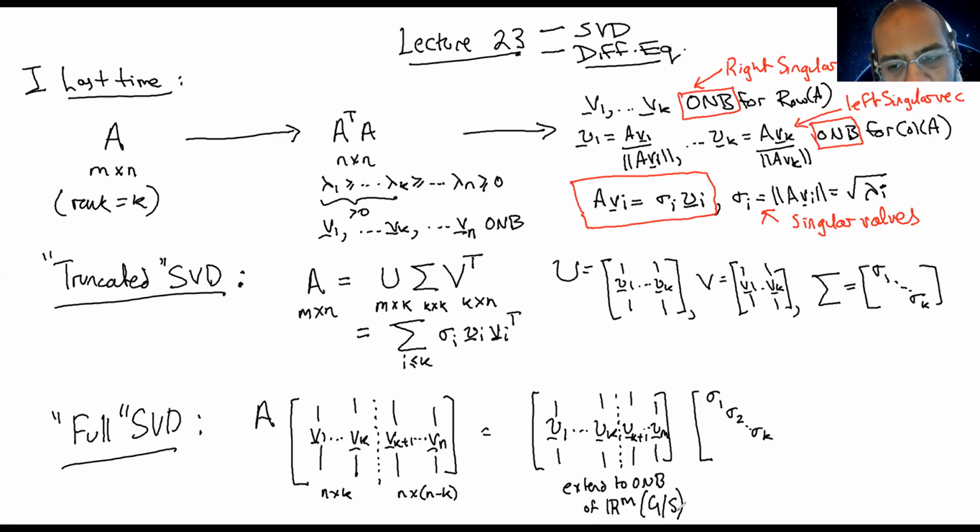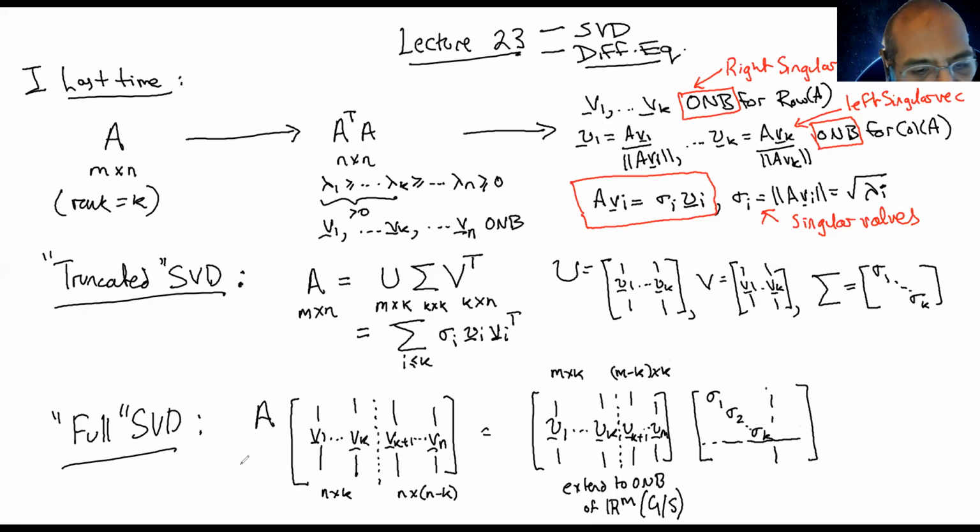But now what happens to the equation? I'm going to have to extend these matrices as well for this to make sense, right? So this part is m by k, and this part is m minus k by k. I'm going to have to extend the sigma matrix, right?